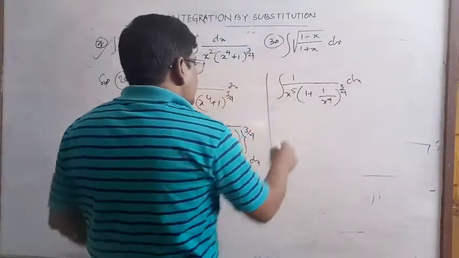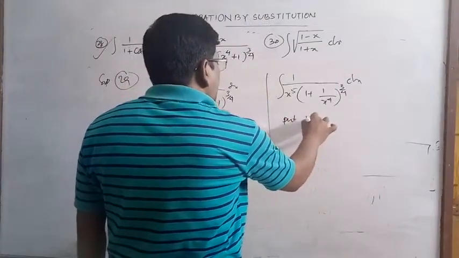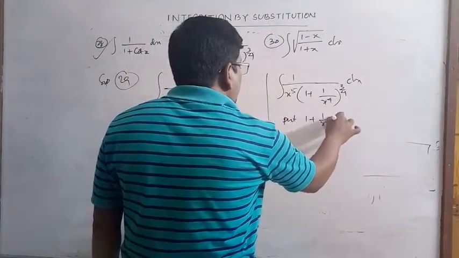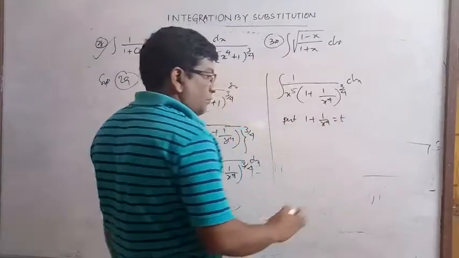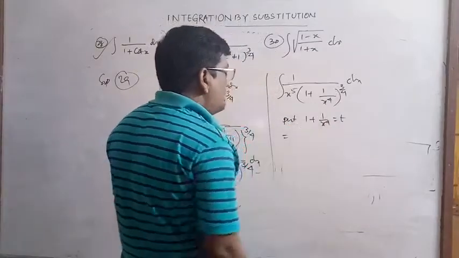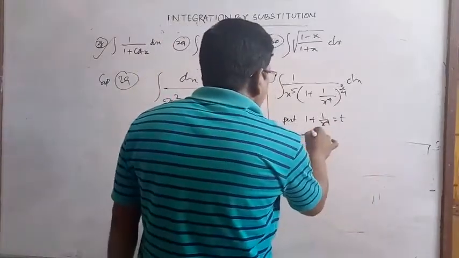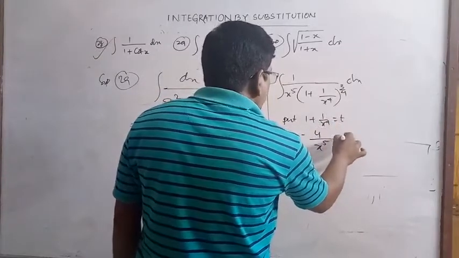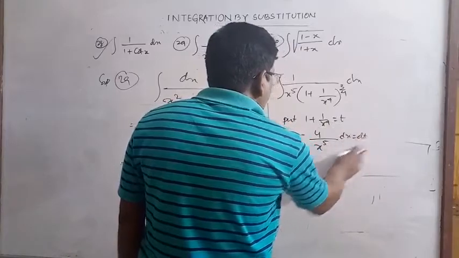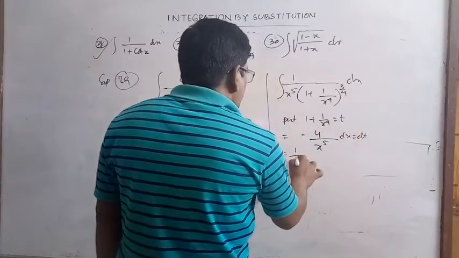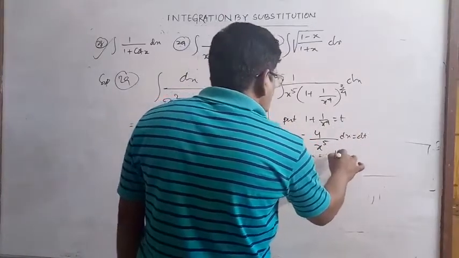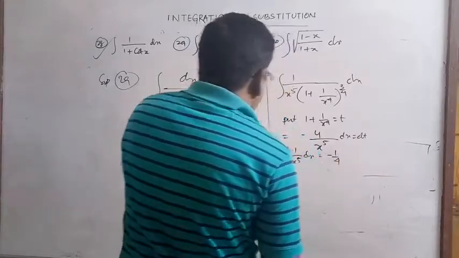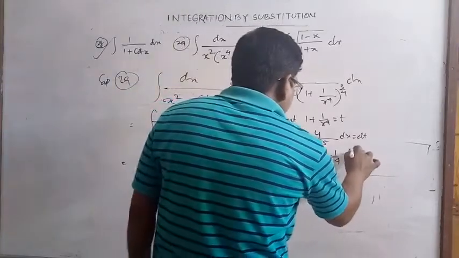Then put 1 plus 1 by x fourth equal to t. Derivative of 1 is 0, and the derivative of 1 by x fourth is minus 4 by x power 5 dx, which is equal to dt. That is, 1 by x power 5 dx is equal to minus 1 by 4 dt.